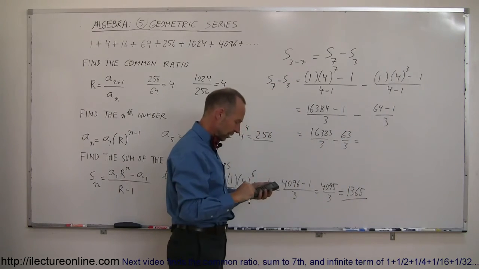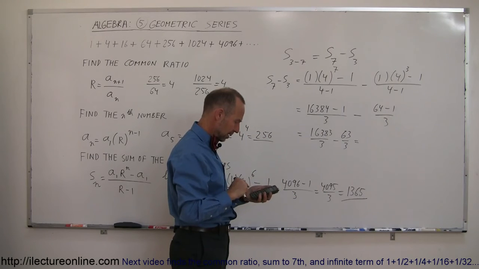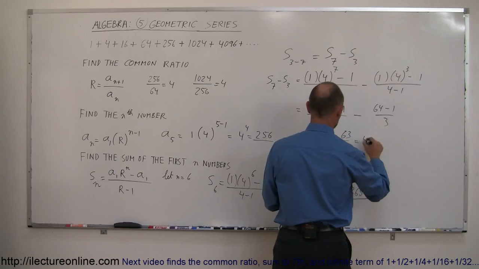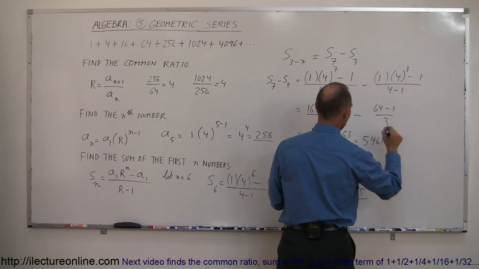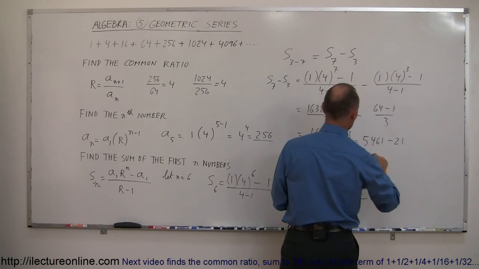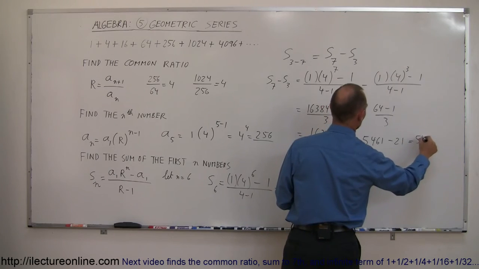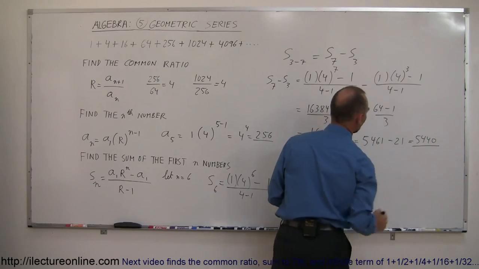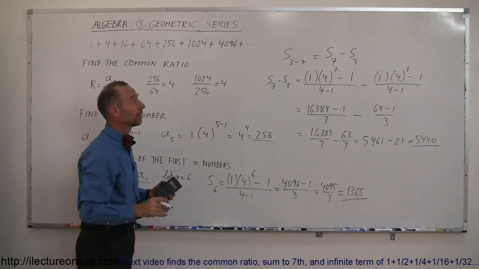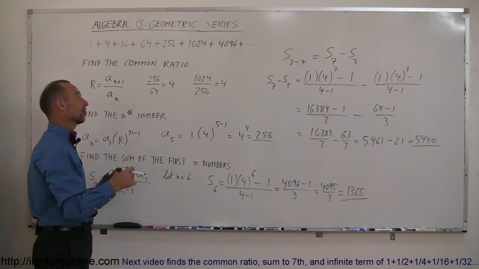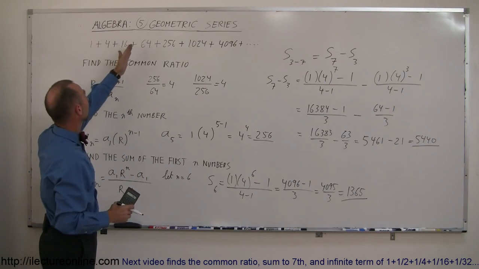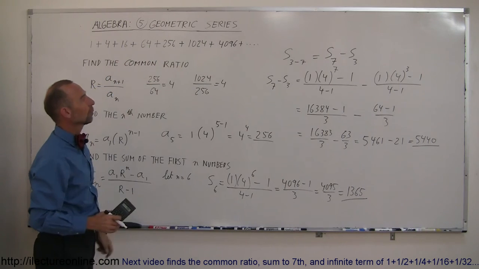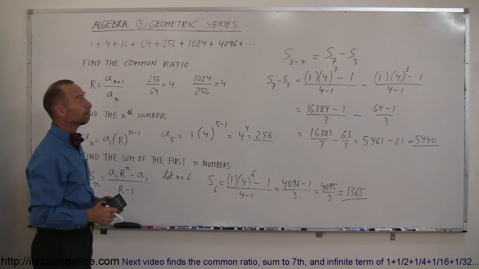That gives 5,461 minus 21, which is equal to 5,440. So sometimes they'll ask you to find the sum of 7 minus the sum of 3. In other words, the sum from the 4th one on to the 7th one, and that's how you do that.